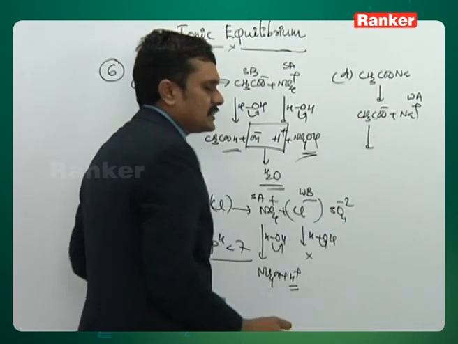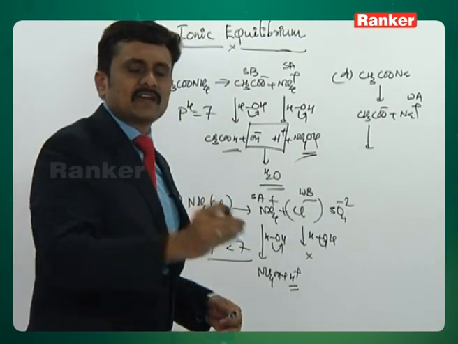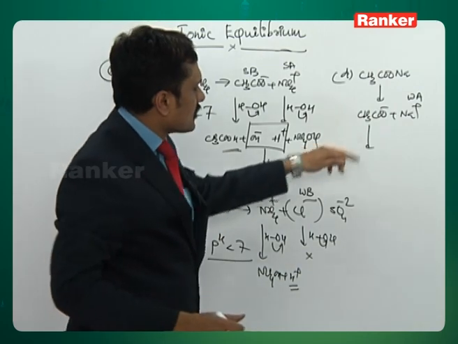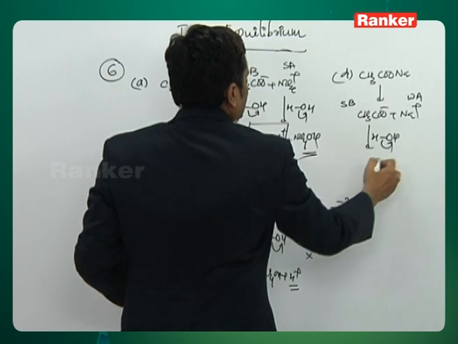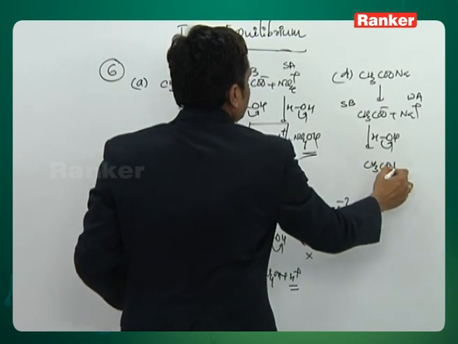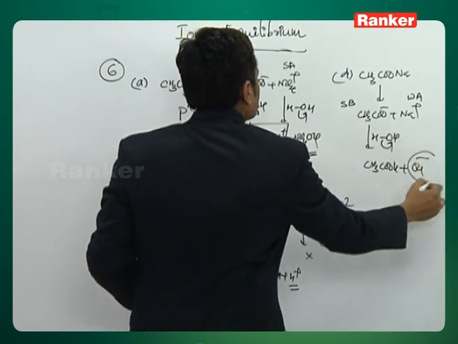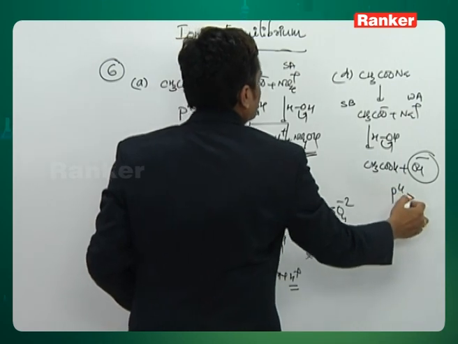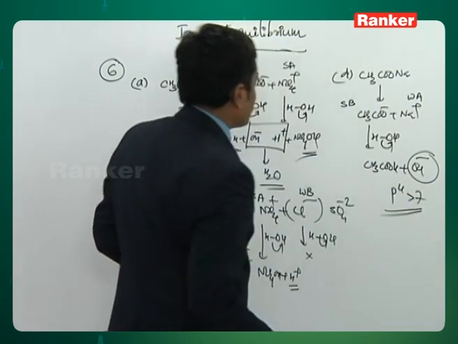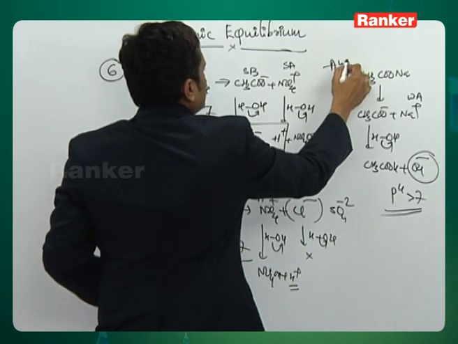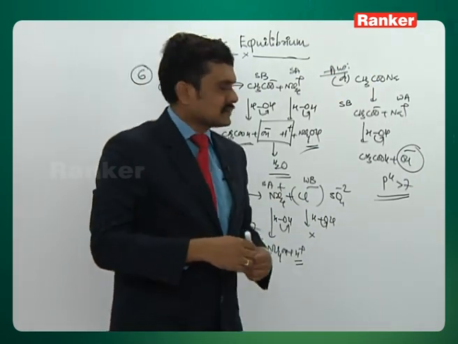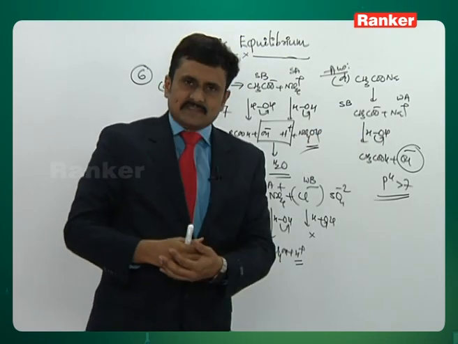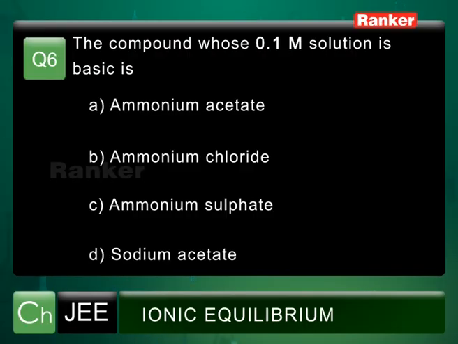But this is the conjugate base of a weak acid, that is acetic acid, hence it's a strong base going to react with water. So when I treat it with water, the resultant ion produced is OH minus, hence the pH will be greater than 7. So the solution whose pH is greater than 7 or whose nature is basic will be that of the acetate. So the right answer for this question is option D.